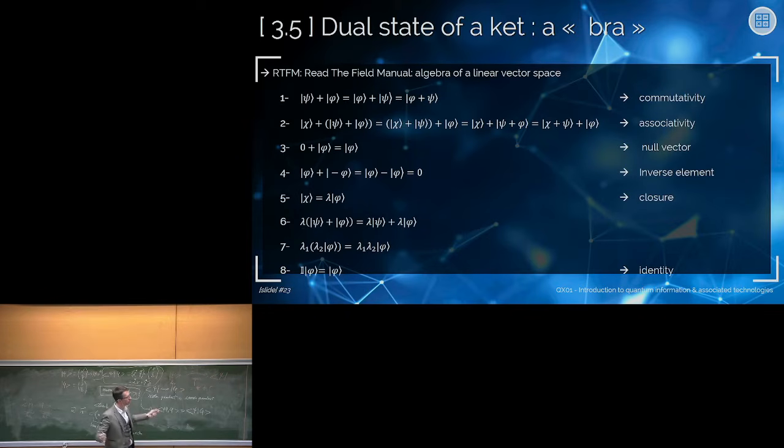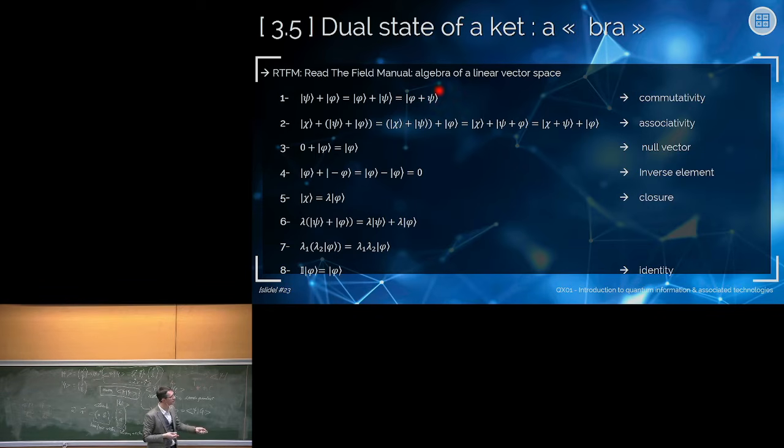So this is standard algebra for vector spaces. That means that we have commutativity, associativity, null vector, inverse element, closure, identity, and so on. We can define, the same way we do with vectors, commutativity, so we can add two kets together and reverse them: psi plus phi equals phi plus psi.